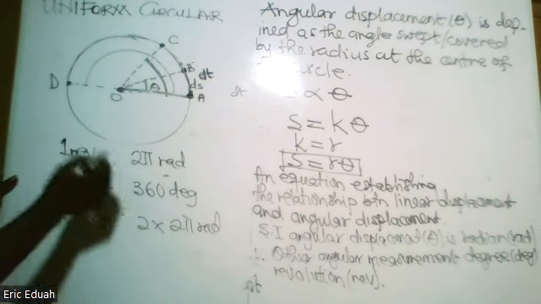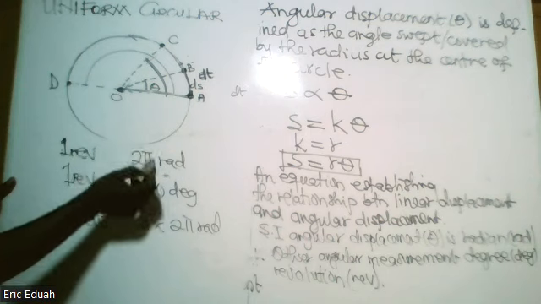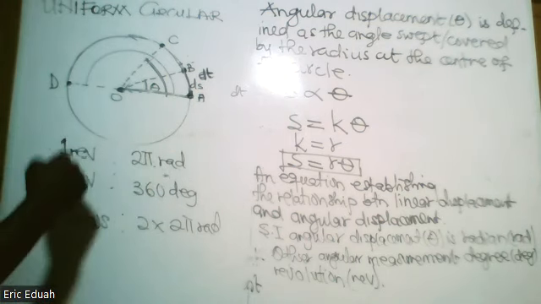So this is the conversion equivalence if you want to convert from revolution to degree, revolution to radian, or radian to revolution, and the other way around.